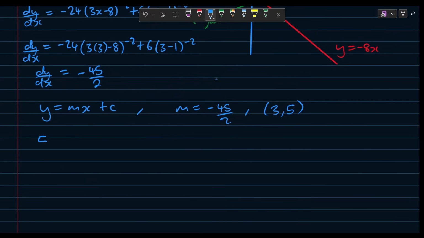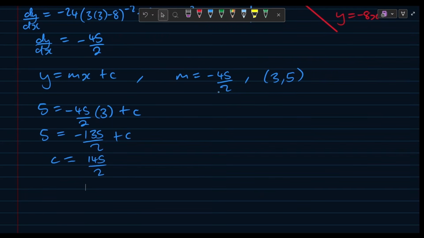So simply substitute. You have 5 is equal to negative 45 over 2 times x, which is 3, plus c. And so 5 is equal to, that's negative 45 times 3 divided by 2. So negative 135 over 2 plus c. So c has to be 5 plus the 135 over 2. That gives us 145 over 2.